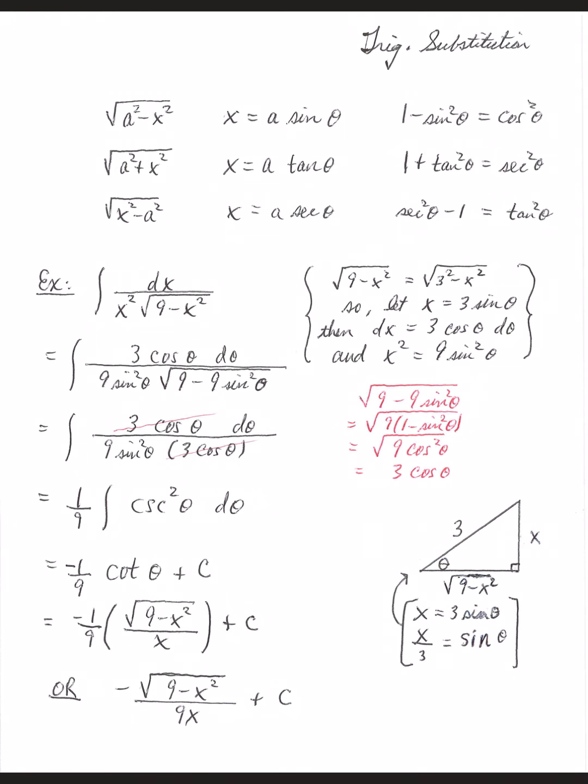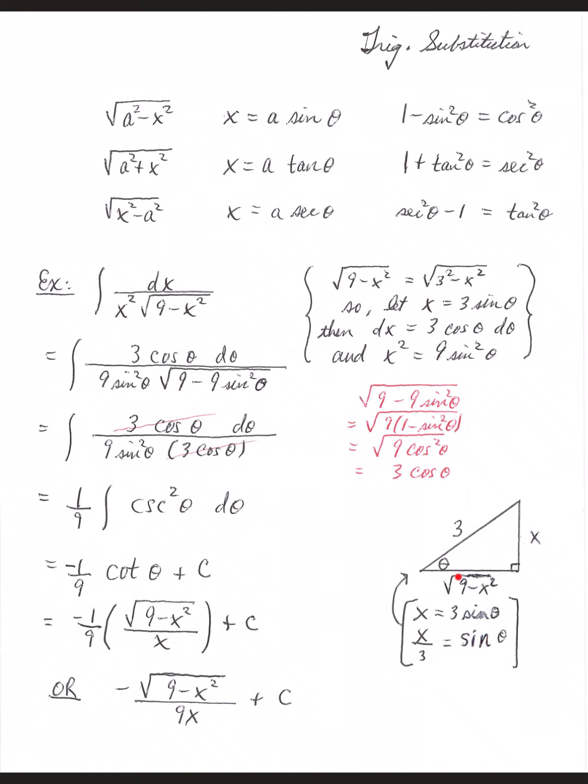I usually do theta in the lower corner, but you have a right triangle, mark an angle theta. Sine is opposite over hypotenuse, and that's from the SOHCAHTOA acronym that you learned back in Trig. Opposite over hypotenuse from wherever you marked theta.